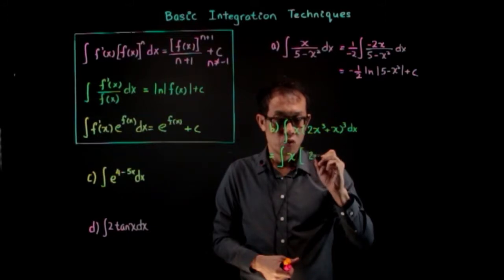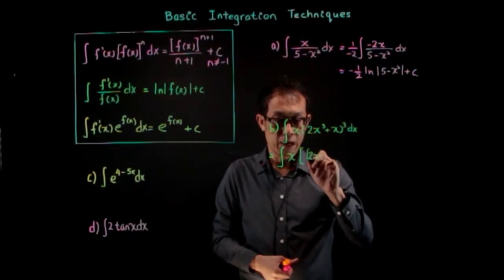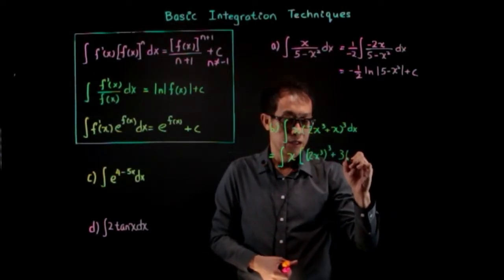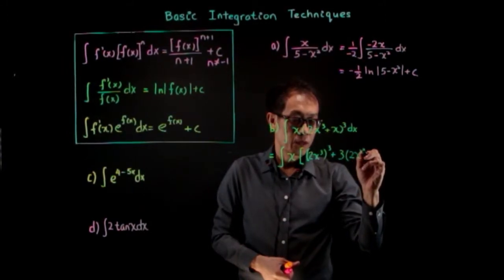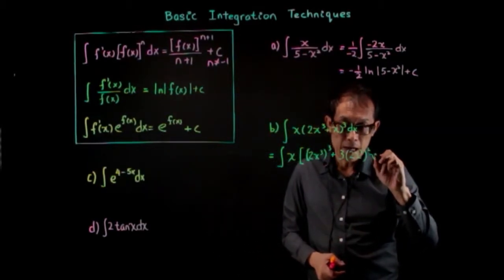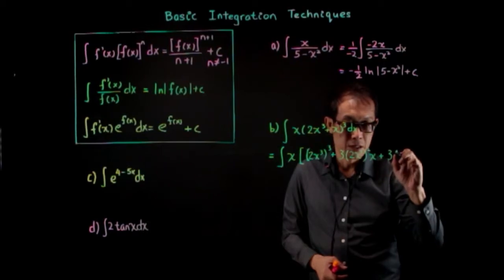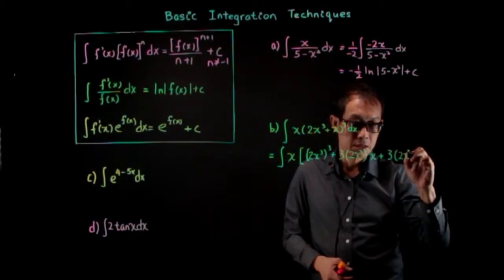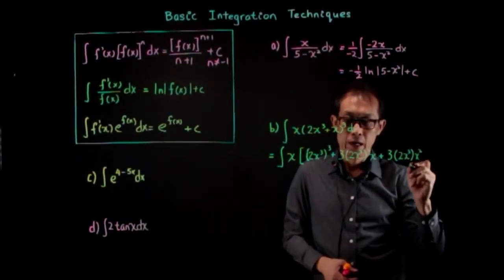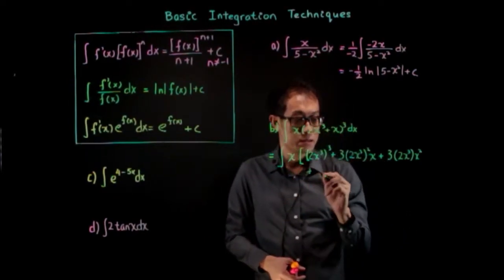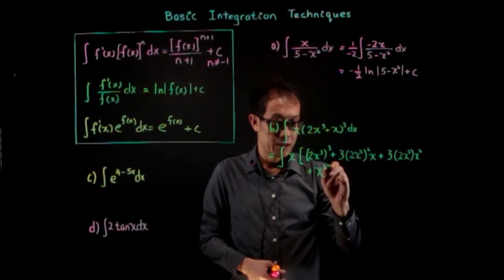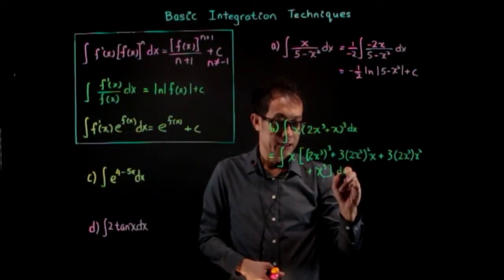So this is 2x cubed to the power of 3, plus 3, 2x cubed squared, x, plus 3, 2x cubed, x squared, plus x to the power of 3, then I close bracket, followed by dx.